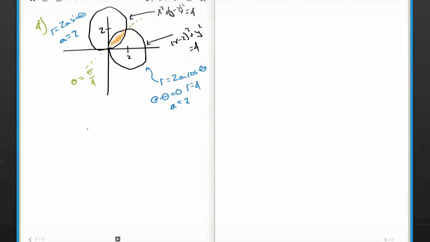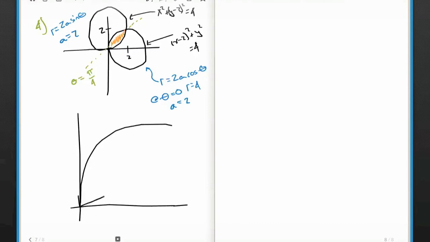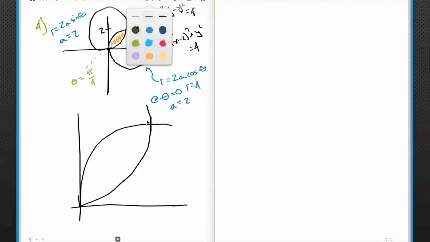I'm gonna draw this really nice and big. And so we've got this kind of football-shaped thing that goes like this, and then on the other side a circle that goes like this. And I've got my green line of symmetry in here.